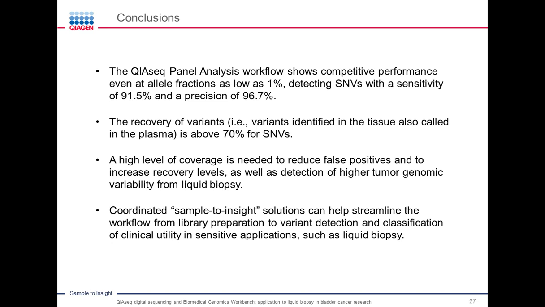Next, I would like to stress that we've been able to reach a recovery of variants well above 70% for variants that have been identified in the tissue and also called in the plasma. And I would like to stress that obviously a high level of coverage is needed to reduce false positives and to increase the recovery levels, as well as detection of higher tumor genomic variability from the liquid biopsy.